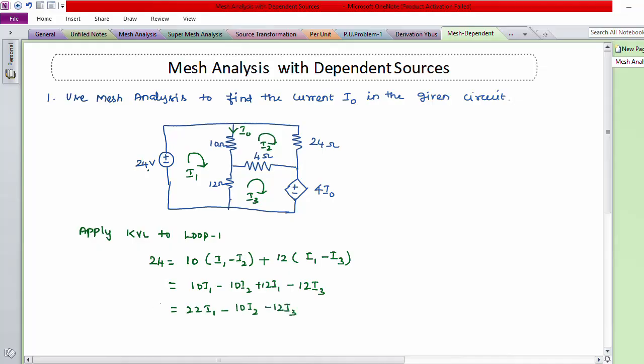So, if we rewrite this equation, we can write 22 I1 minus 10 I2 minus 12 I3 equal to 24. Take this as equation number 1.